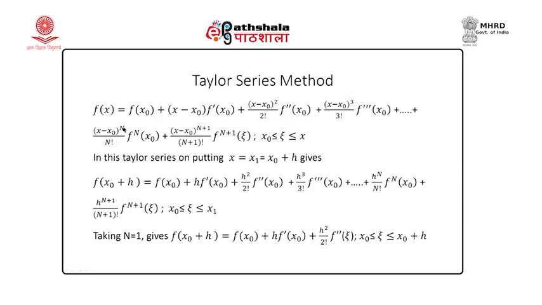Last term, if we want to go up to nth power of x minus x0 and nth derivative, x minus x0 to the n by n factorial f^(n)(x0), and this is the remainder term which gives the error term, x minus x0 raised to n plus 1 by n plus 1 factorial f^(n+1) derivative at the point xi. Again xi is not known, but it is some point between x0 and x.